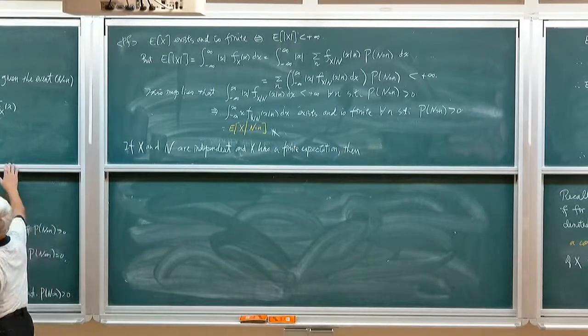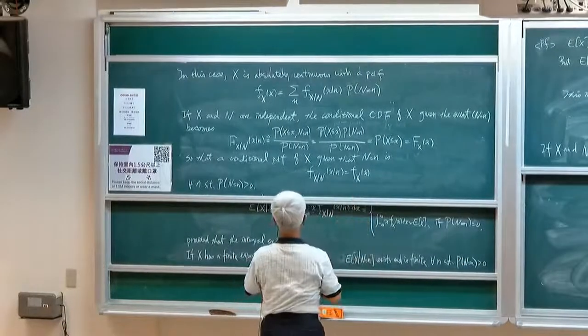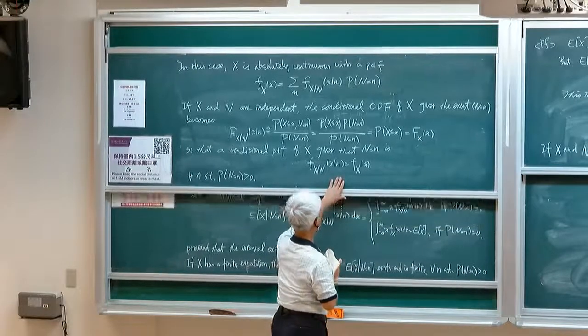So here, if x and n are independent, we know we have this one.